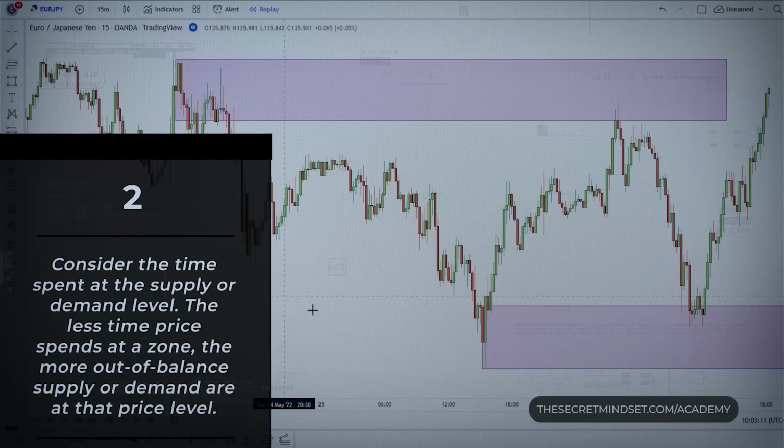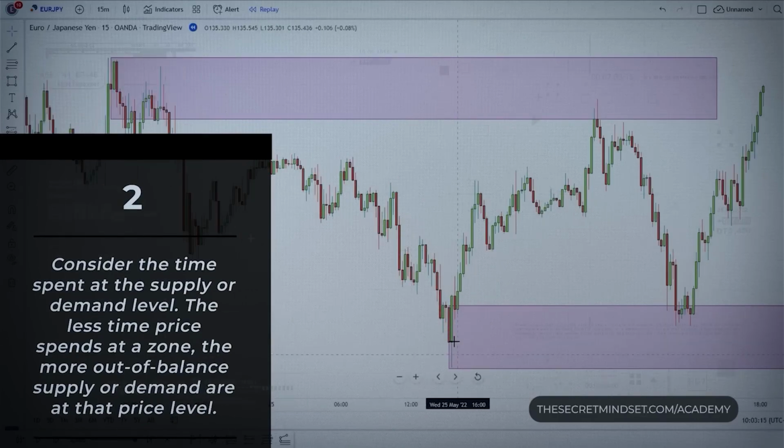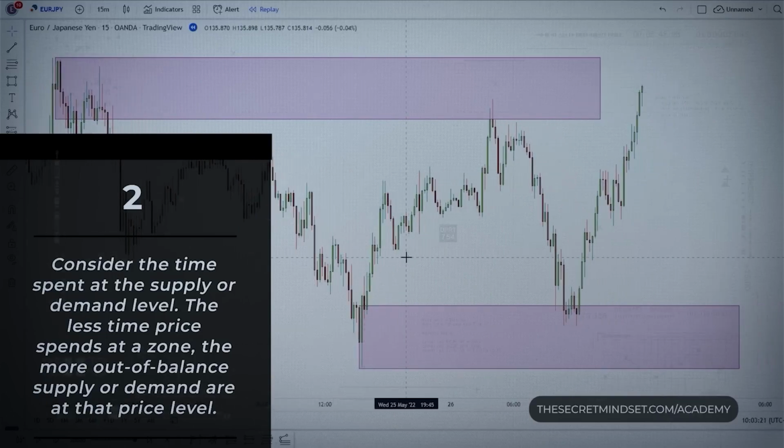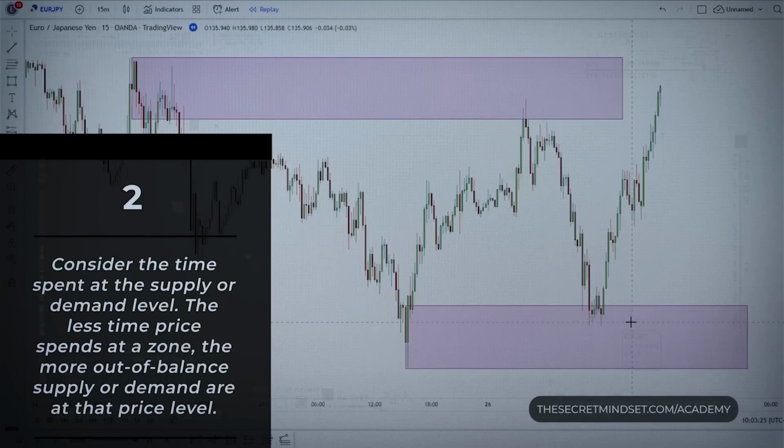Also, consider the time spent at the supply or demand level. How much time did the price spend at the zone? The less time price spends at the zone, the more out of balance supply and demand are at that price level. This means smart money are aggressively placing orders.